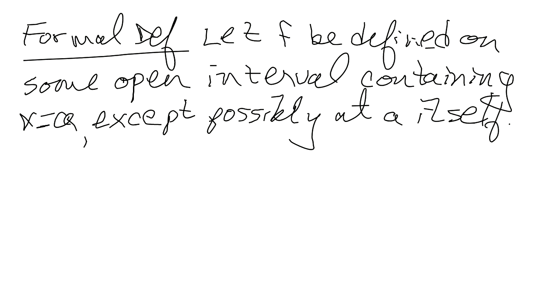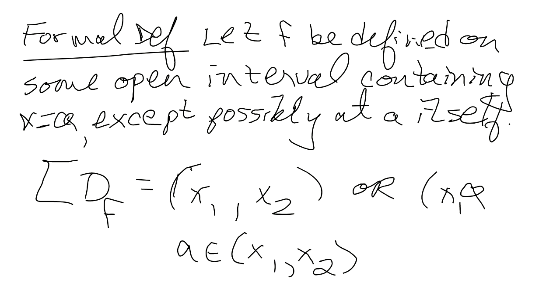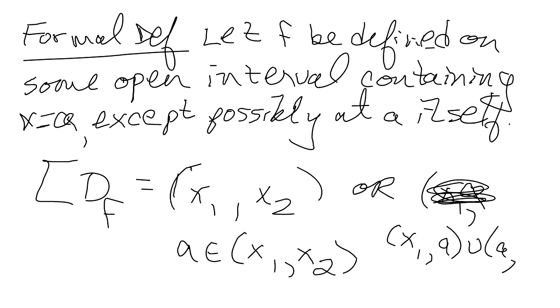In general, this says the domain of f is either some open interval containing a, so x1 to x2, defined there, where a is an element of x1 to x2, or it's going to be defined on x1 to a, not including a, union, not including a, to some point to the right, x2.